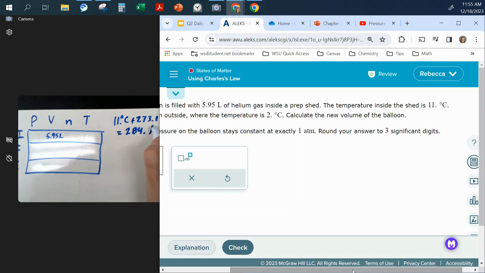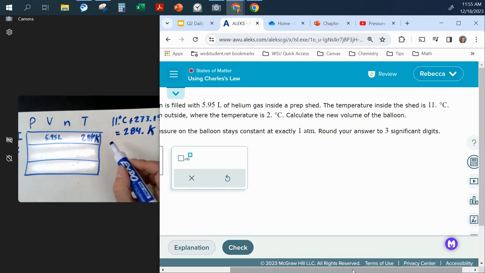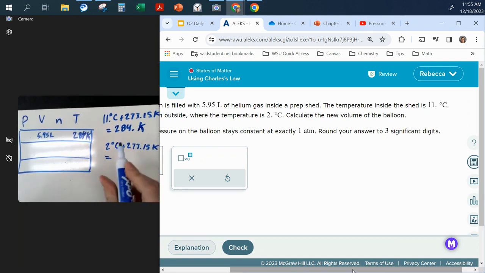This one has no decimals, but it has 3 sig figs. So 284 Kelvin. And the final temperature is 2 degrees Celsius, so that will be 275 Kelvin.